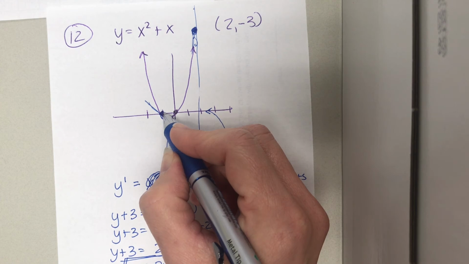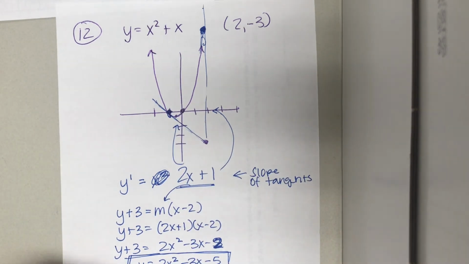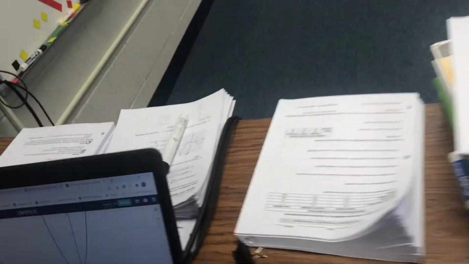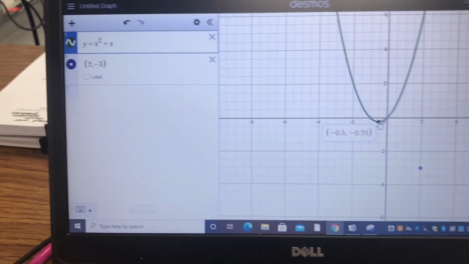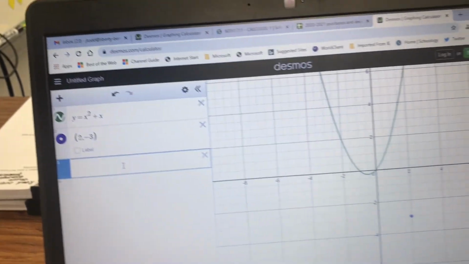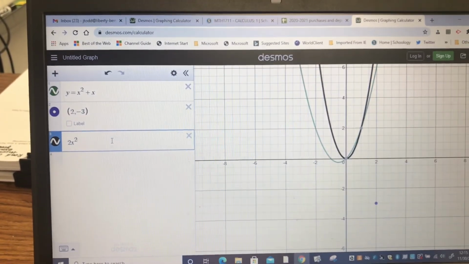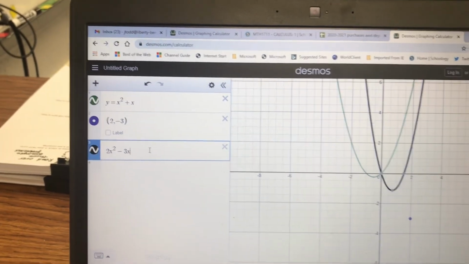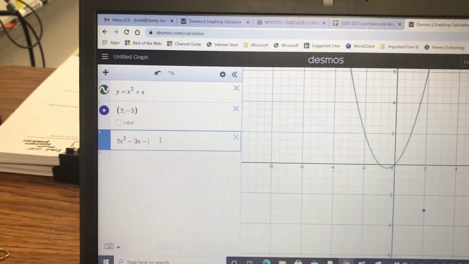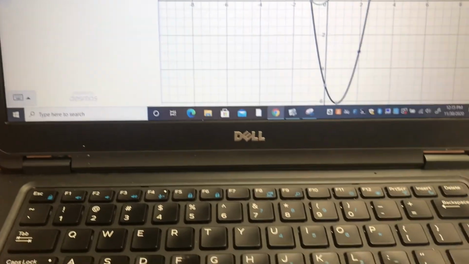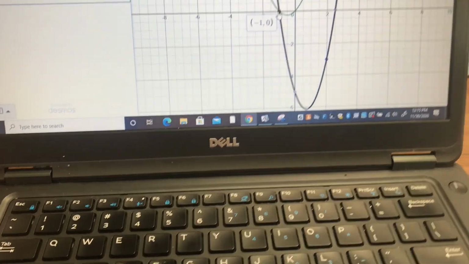Okay, so we're going to look and see. I'm going to go over to Desmos and type this in. All right, I should have been prepared, but I'm not. It's okay. So we have 2x squared minus 3x minus 5. Okay, and this intersects right here at -1, 0.